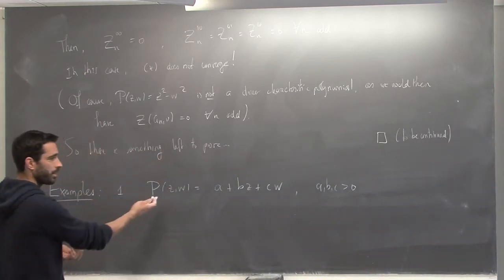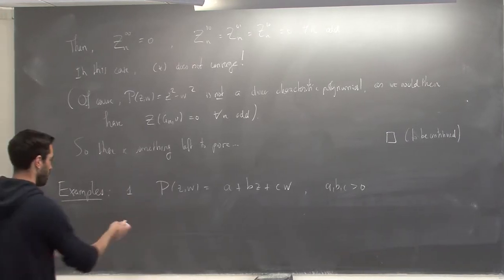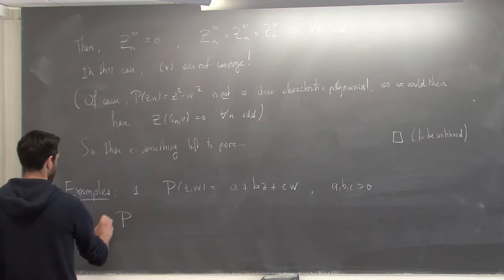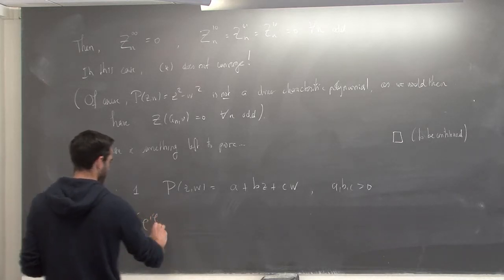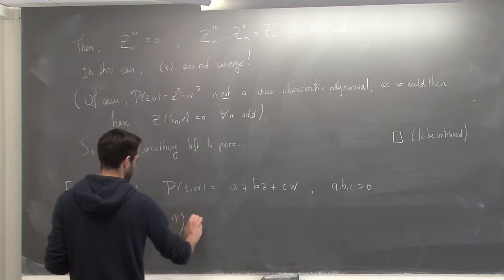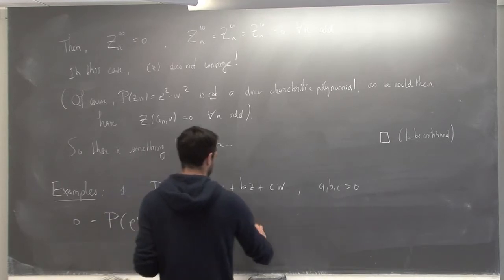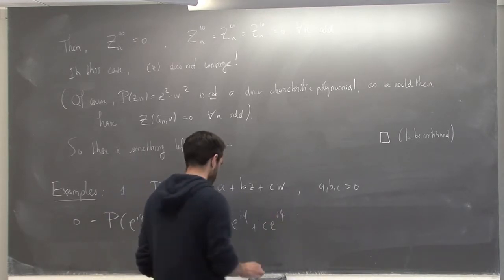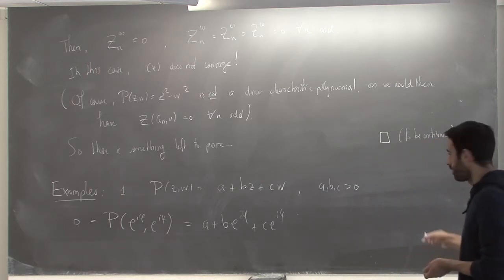Let's try to understand the intersection of this curve with the unit torus. So it means we want to set 0 equal P(e^{iφ}, e^{iψ}), A plus B e^{iφ} plus C e^{iψ}. So do you understand these zeros?